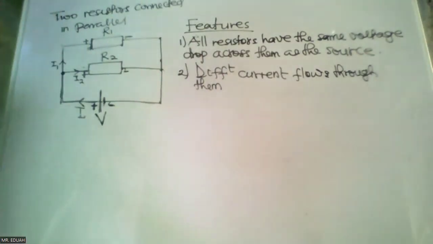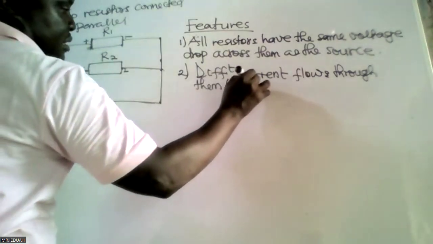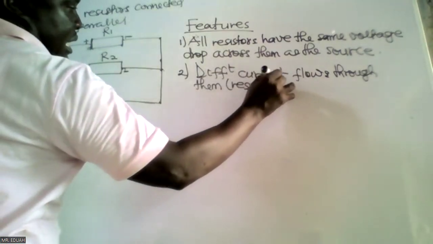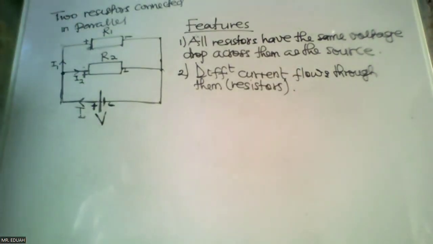And them refers to the resistors. Mary, Ishra, and Kay, are you okay? Yes, please. So different current flows through them.